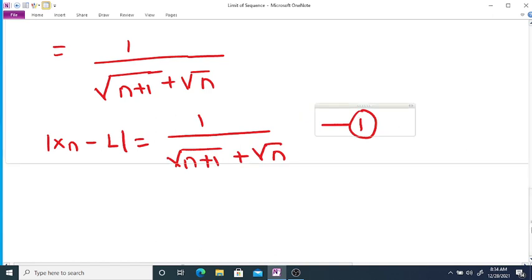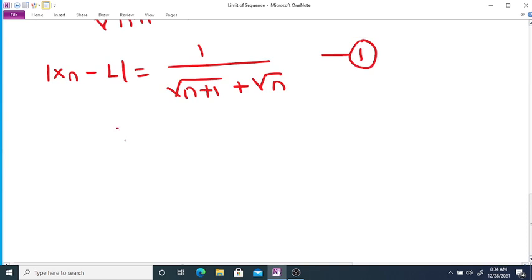Now as we know that n plus 1 is greater than n, from this we can write square root of n plus 1 is greater than square root of n.